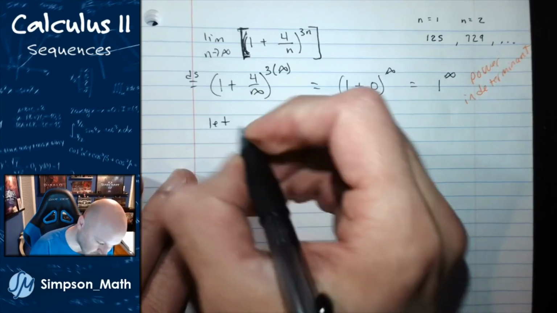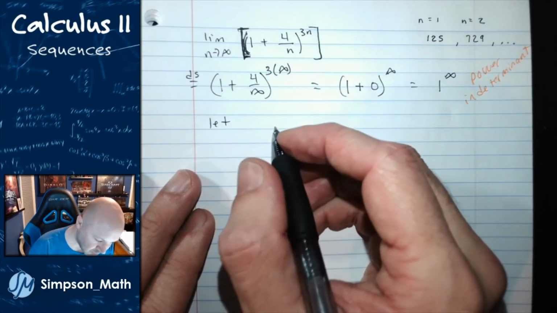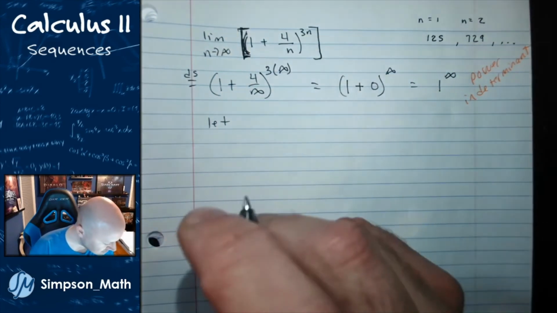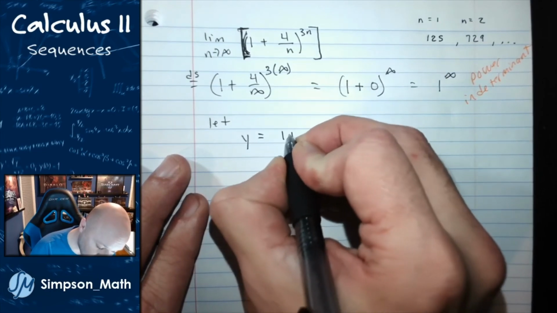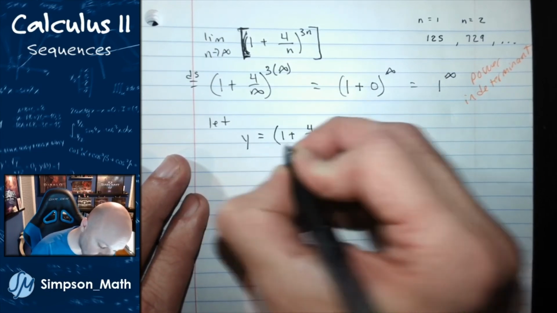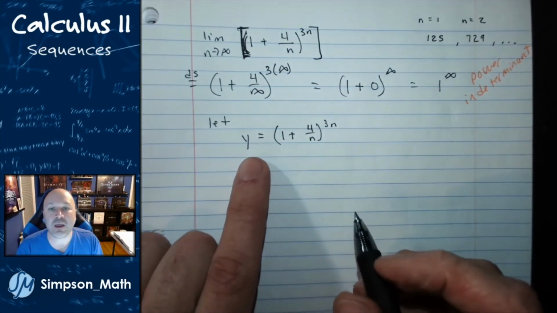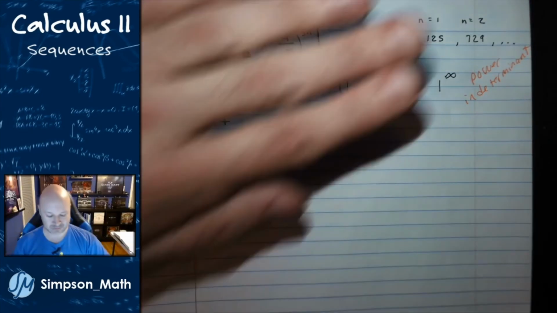I'm going to let y equal this function, 1 plus 4 over n to the 3nth power. I dropped the limit notation. So I've said I'm not doing that problem.